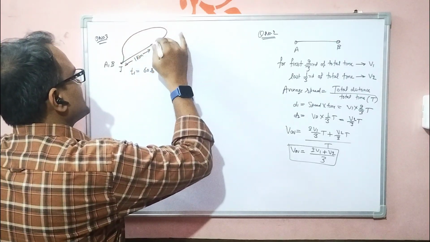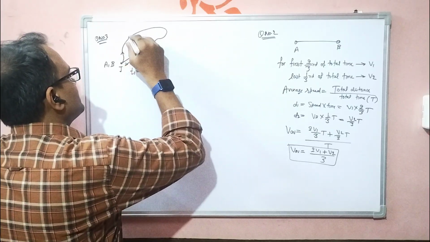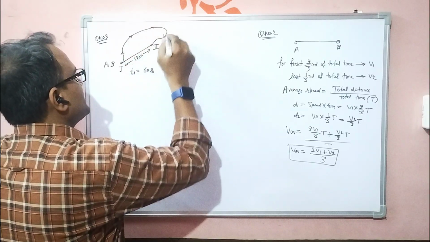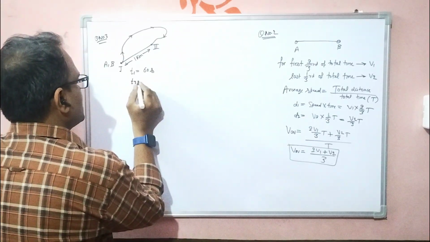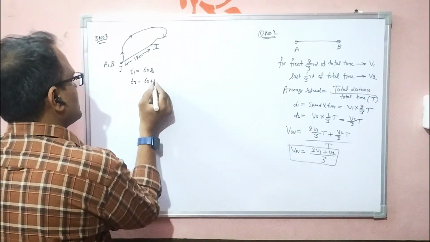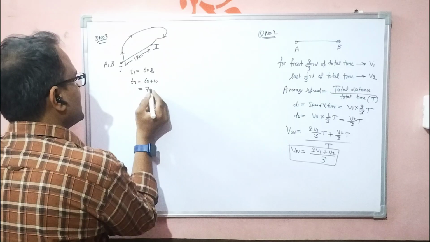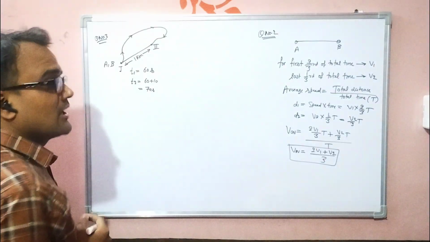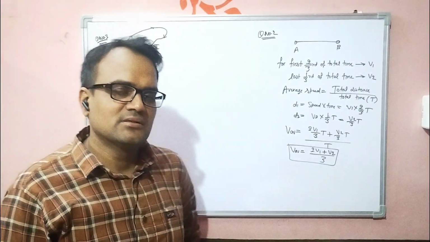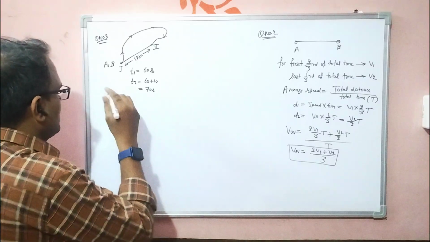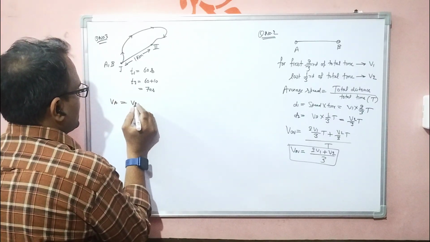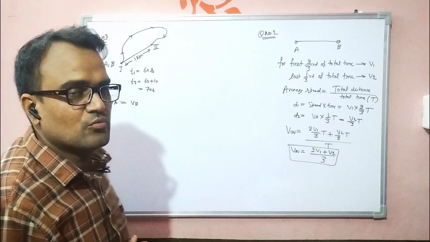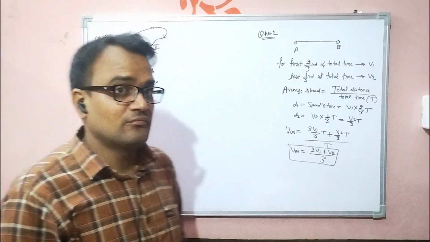Person B takes an arbitrary curved path, and it is given person B takes 10 seconds greater than t1. So t2 is equal to 60 plus 10, which gives me 70 seconds. And it is also mentioned that the average speeds of A and B are equal. So I can say VA equals VB.